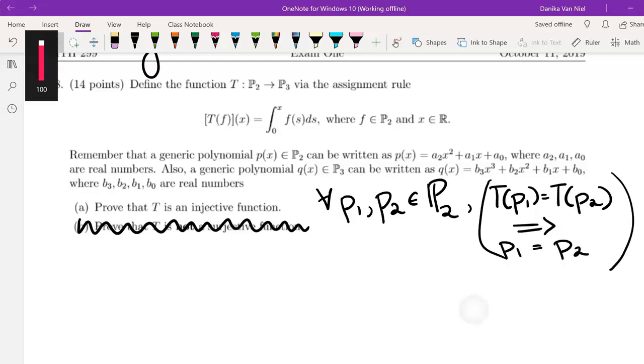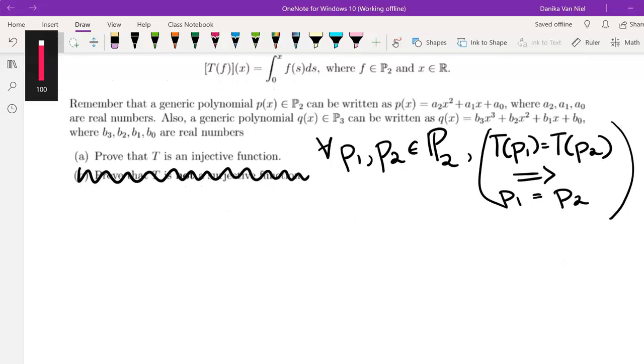Okay? All right, so that's injectivity for us. So you might want to label that. All right? So let's start a proof.